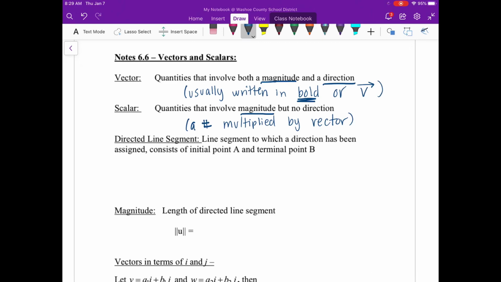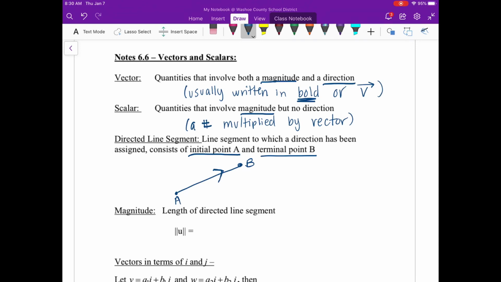Then we have a directed line segment, and this is a line segment to which a direction has been assigned, consisting of an initial point A. So if I'm drawing this out, I have an initial point, that's where it starts, a terminal point B, so it goes all the way to B, and then the direction that's been assigned.